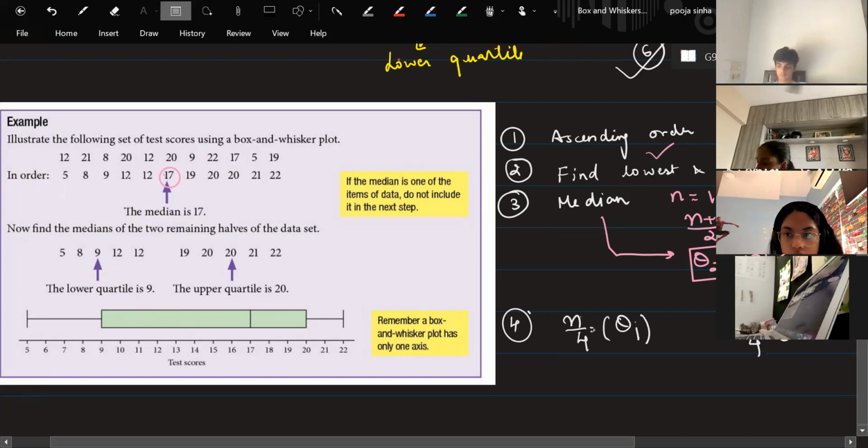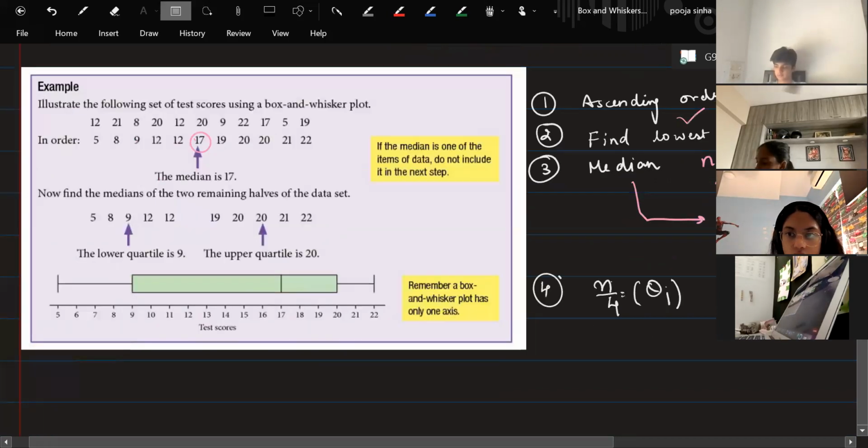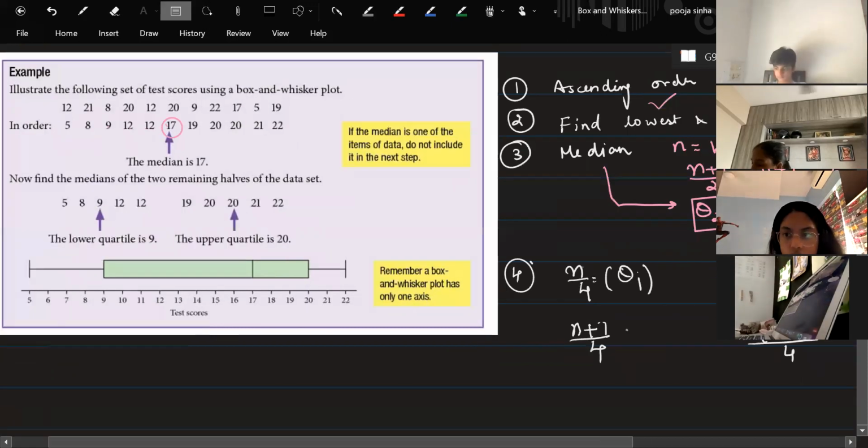If it is odd, then you do (n+1) by 4 and 3(n+1) by 4. Clear? So let's check what our n is in this case. n was 11, so (11+1) upon 4 is 12 upon 4.